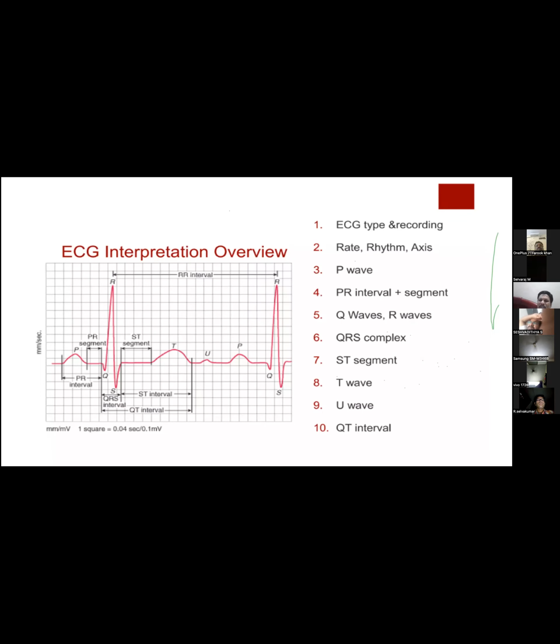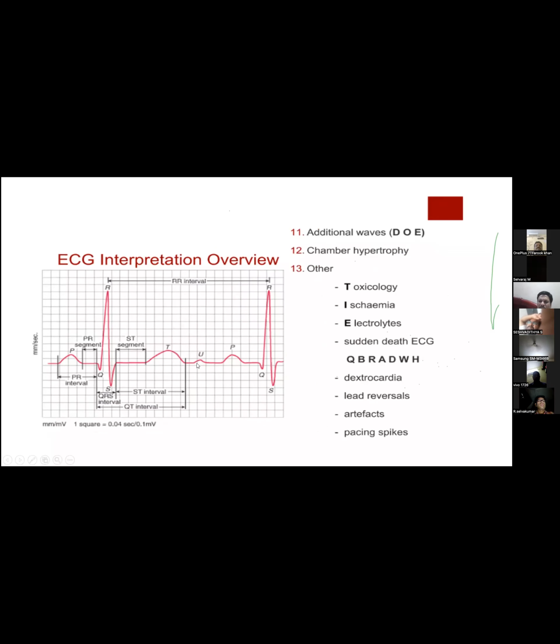So you have to read the ECG systematically. For that, we need to know the ECG type and recording. Then we need to assess the rate, rhythm, and axis. Then systematically we go with the P wave, PR interval, QRS complex in toto, ST segment, T wave, U wave, and the intervals, QT interval.